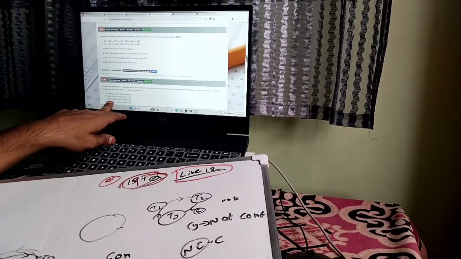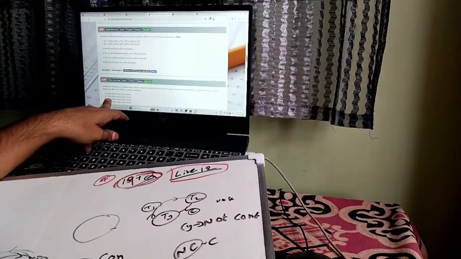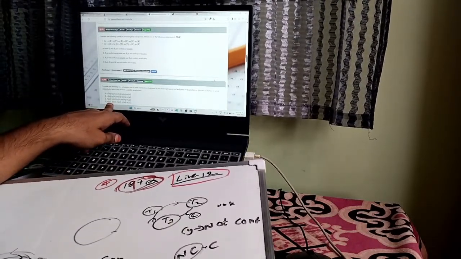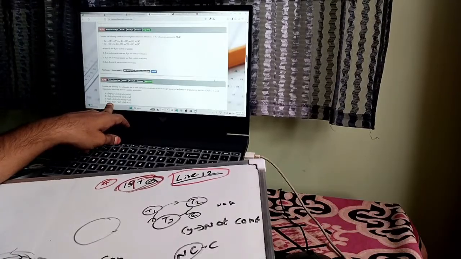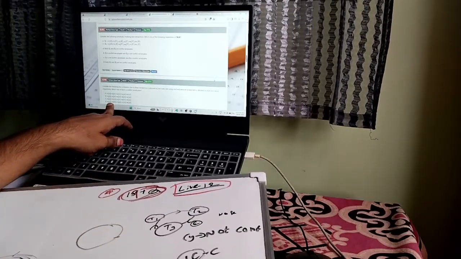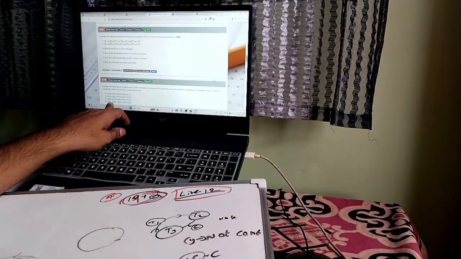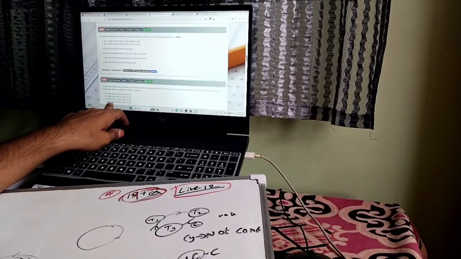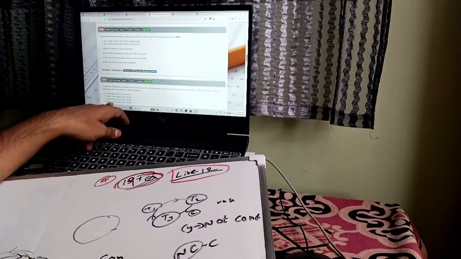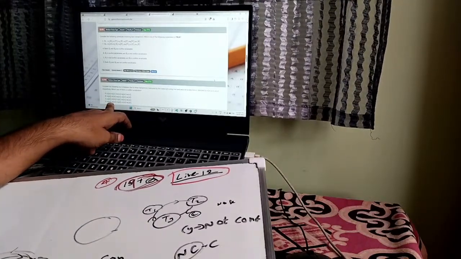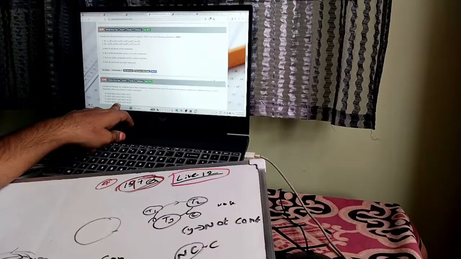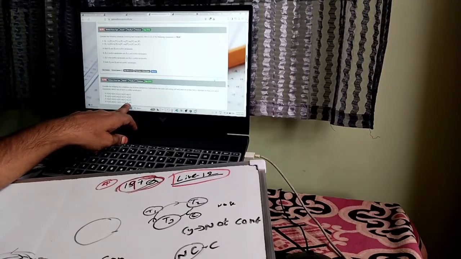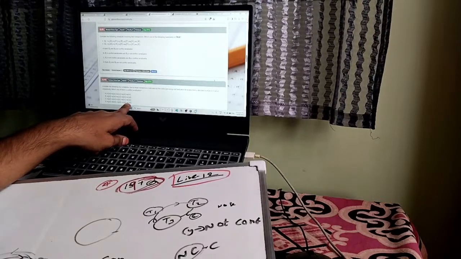Let's see. Let's check the options. I'll go with option 1, 4, 3, 2. Let me check it against the three transactions. Okay, this is fully right.